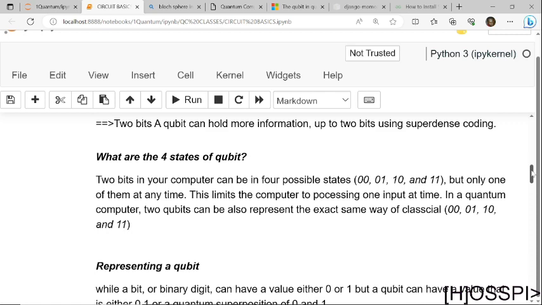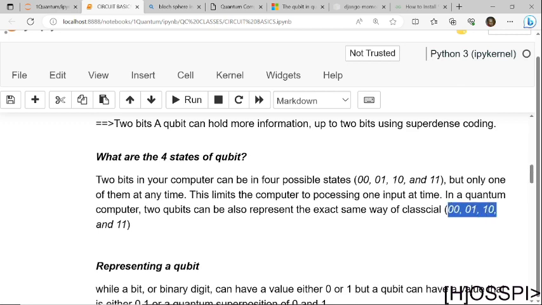And likewise we can have it in 3 bits: 000, 001, 010, 100, 101, and so on. So we can work on rearranging this.